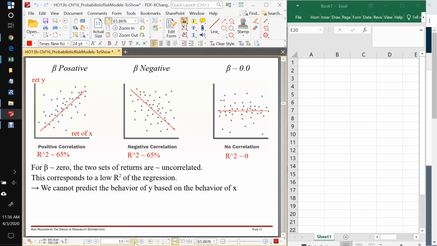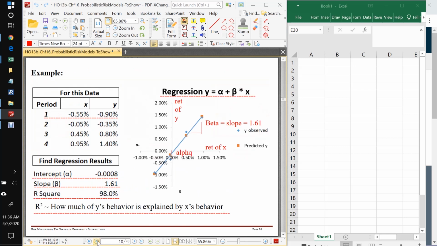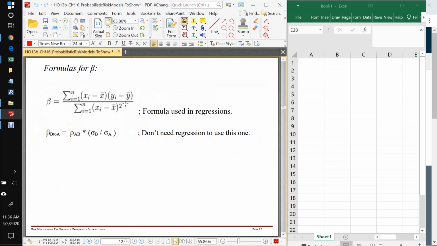Okay, I think we've got it. Like I said, typically the beta comes out of a regression analysis. There is, however, another hairy formula for beta, okay?